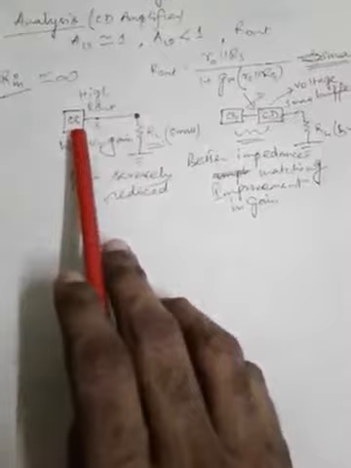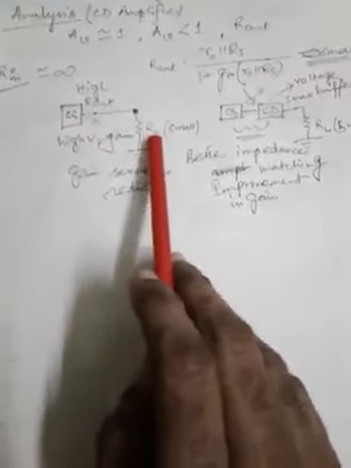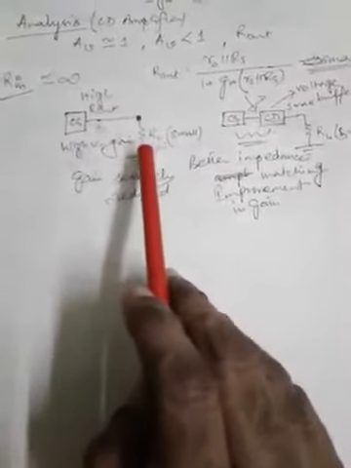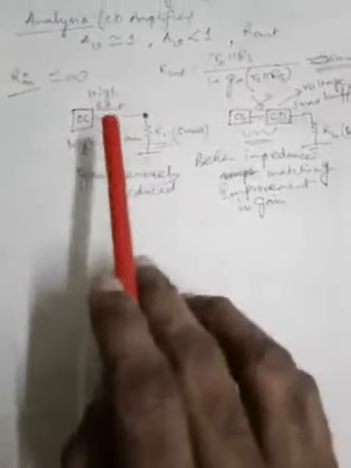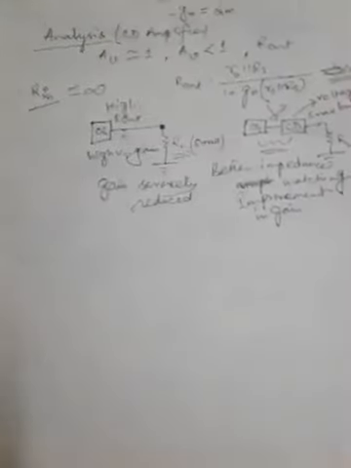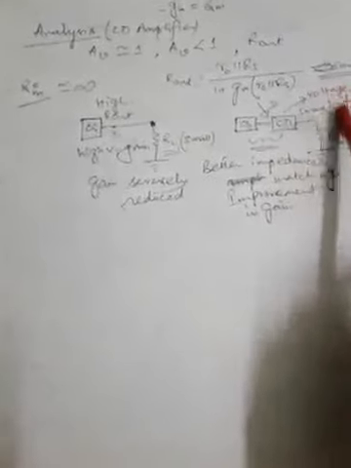So for a common source amplifier we always prefer the load resistance to be of very high value, because if it is small then the overall gain is reduced. In those cases we should put a common drain amplifier between the load resistance and the common source amplifier, to get better impedance matching between the two, so that the overall gain does not get reduced, because of the property of the common drain amplifier to work like a voltage buffer.